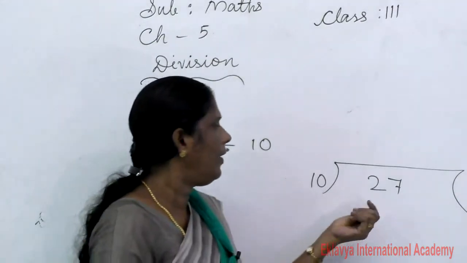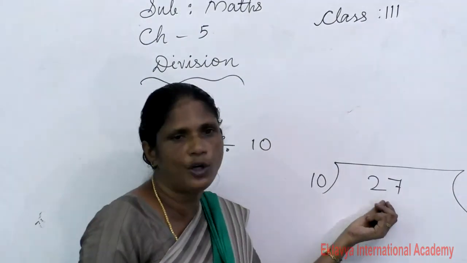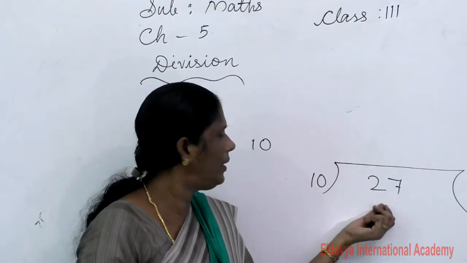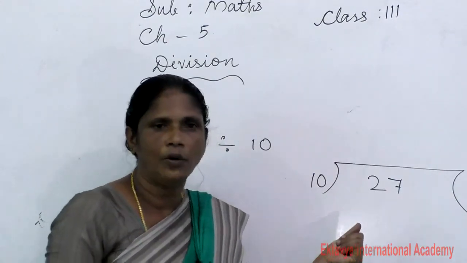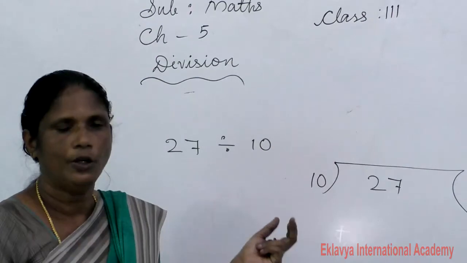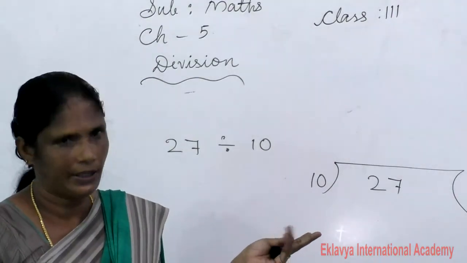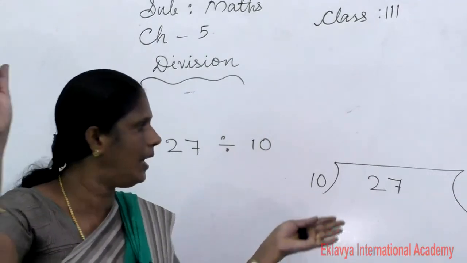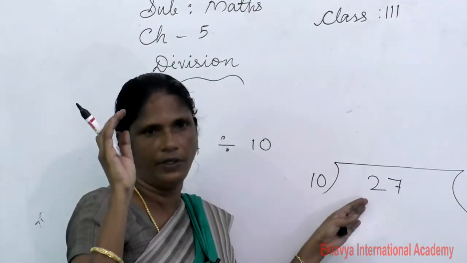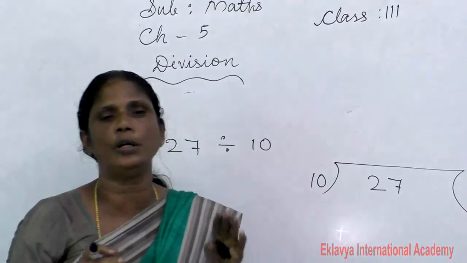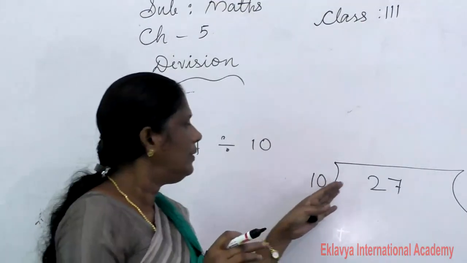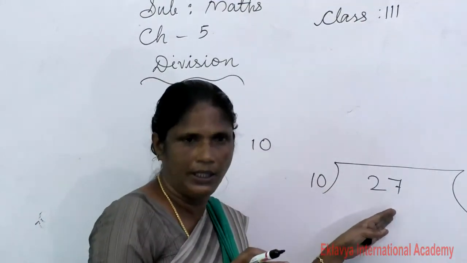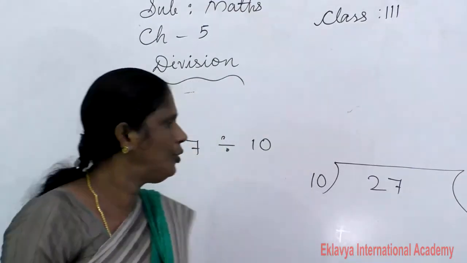30 is not here. How many times gone? Only 2 times. 30 is bigger than 27. Therefore, we don't take 30. We take only 20.